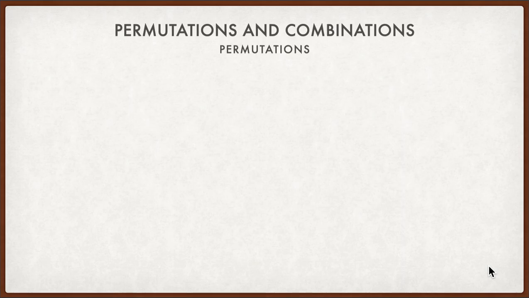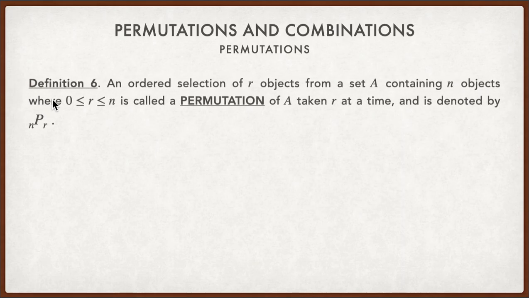Now, let's give a definition of what a permutation is. We will call this our definition 6. An ordered selection of r objects, where r is a positive integer, from a set A containing a total of n objects.